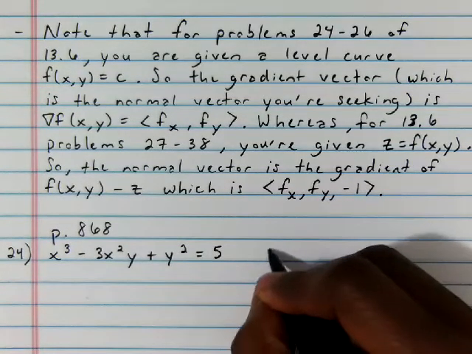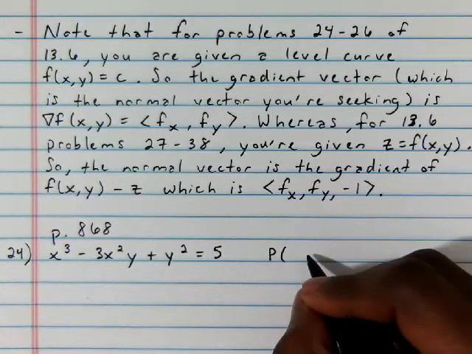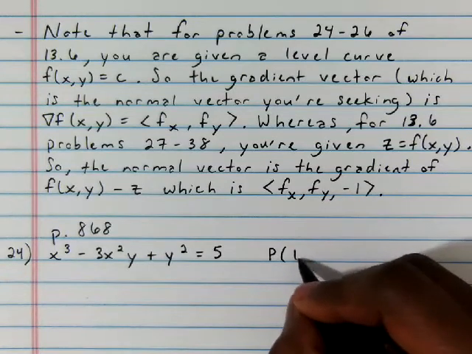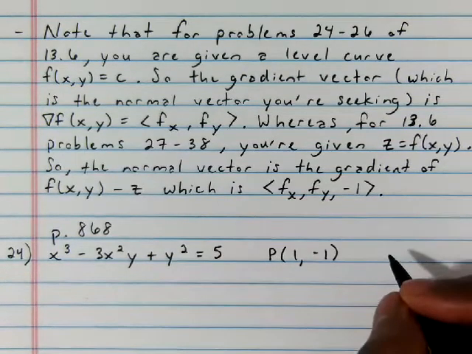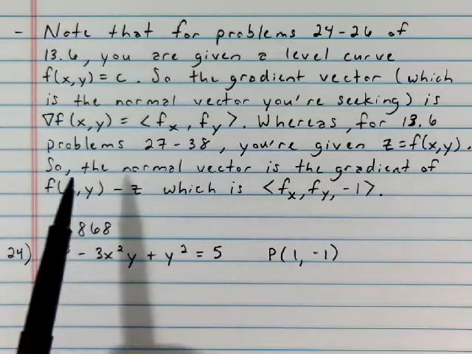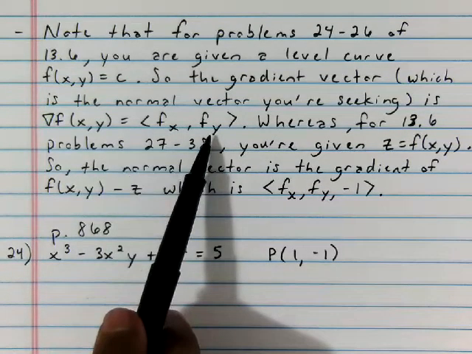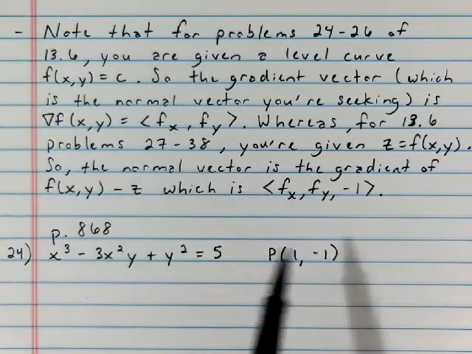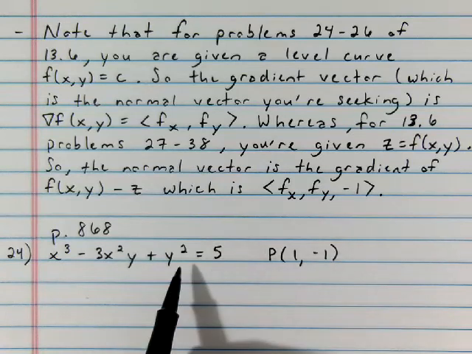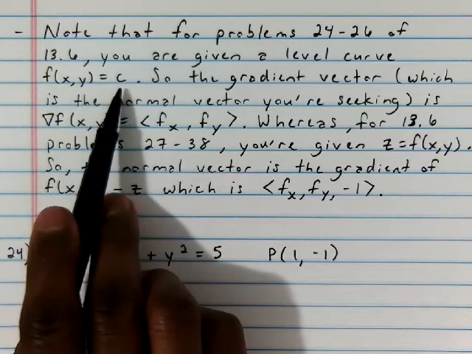And then they give us the point 1 comma -1. So in this scenario, we're just going to use the gradient vector and then plug in that point, because this is of the form f of x y equals some constant c.